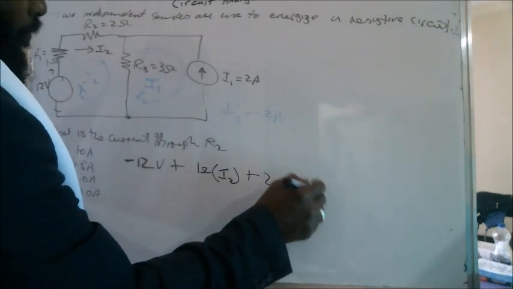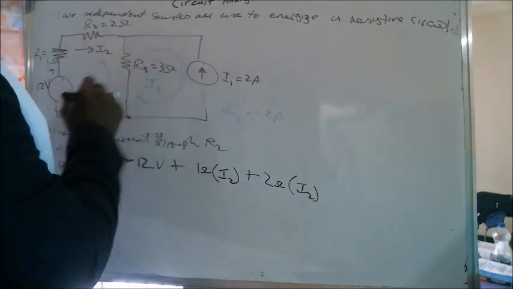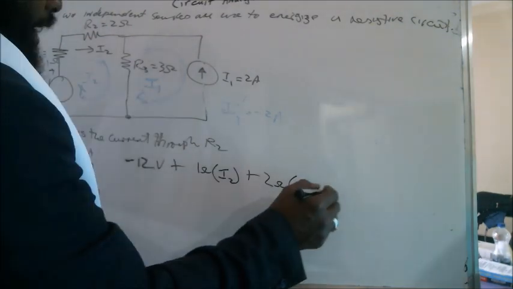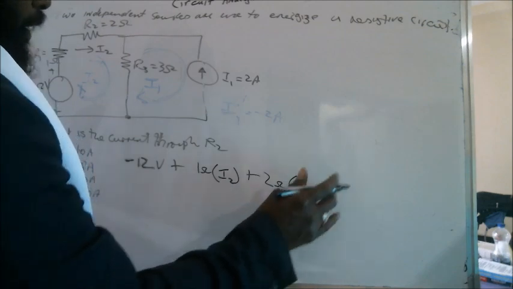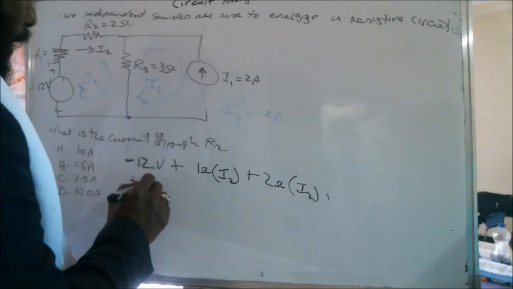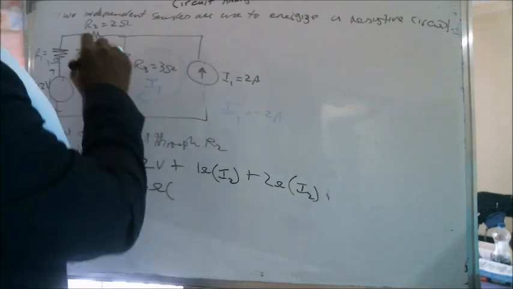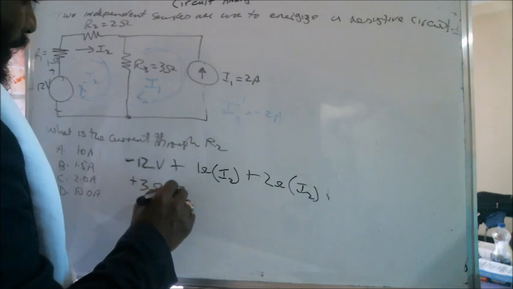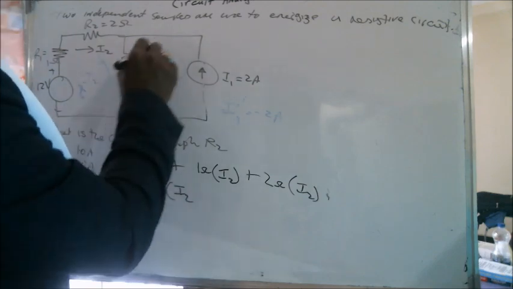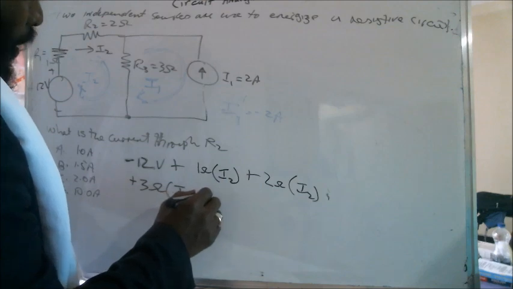And closing the loop, we add plus R3, which is 3 ohms, multiplied by the current I2, but there is also minus I1, which is minus 2 amps.